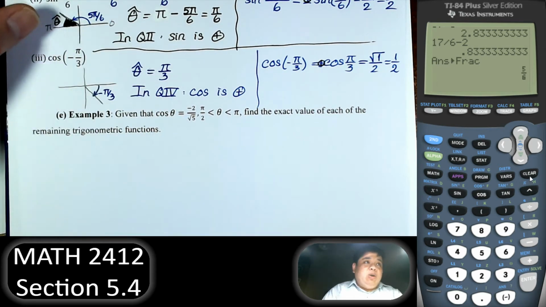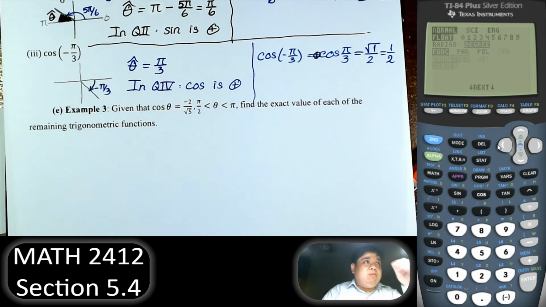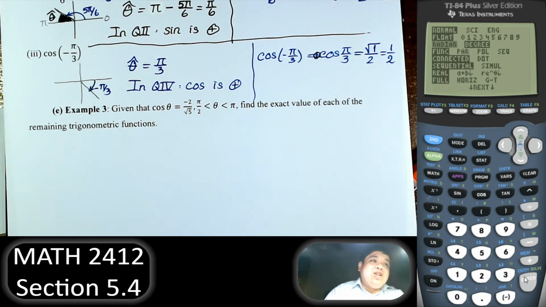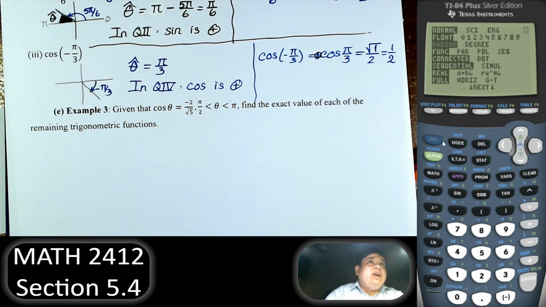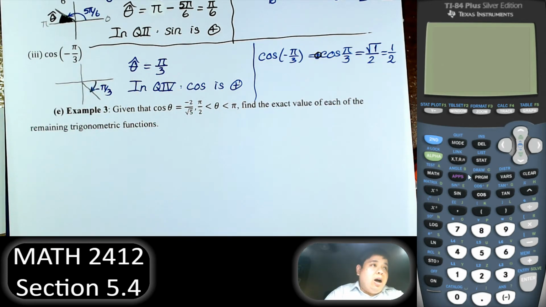Right, we can confirm this. The calculator did not give us the answer directly earlier, but this is in radian mode, so keep the calculator in radian mode. Cosine of negative pi over 3. We have 0.5. Well, 0.5 is 1/2, so at least we have the answer directly. So that's good there.